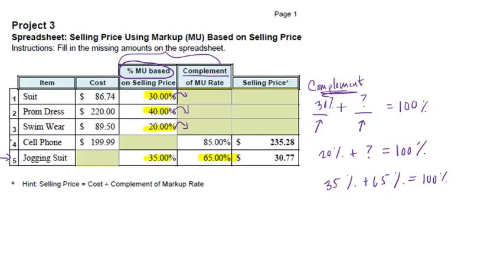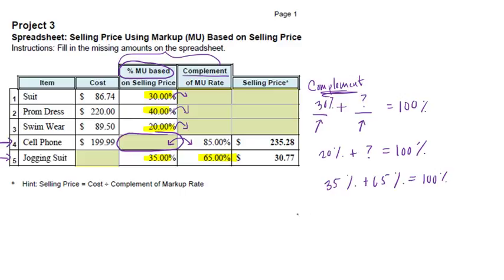Now, if we look at line 4, notice that the blank, instead of being in the complement side, is in the percent markup based on selling price. Now, you could crack open that formula, the percent markup based on selling price formula. However, we know that this box and that box must be complements of each other.